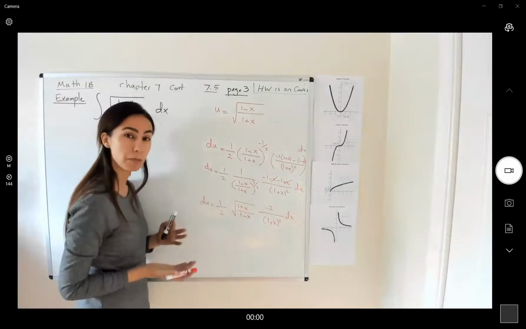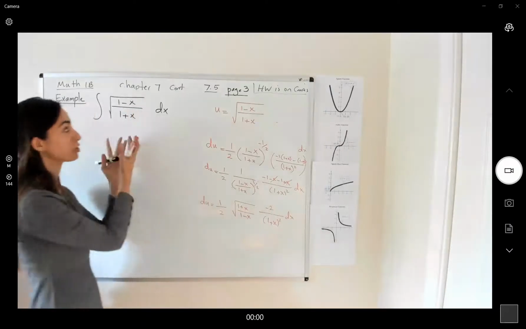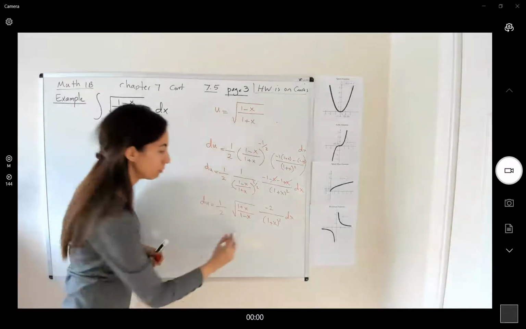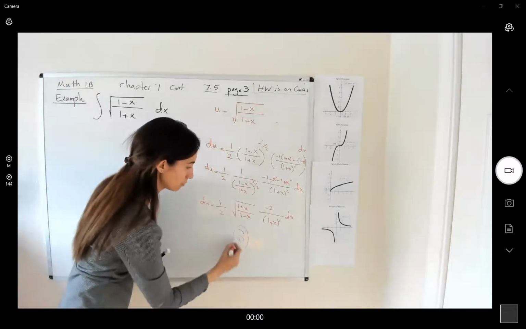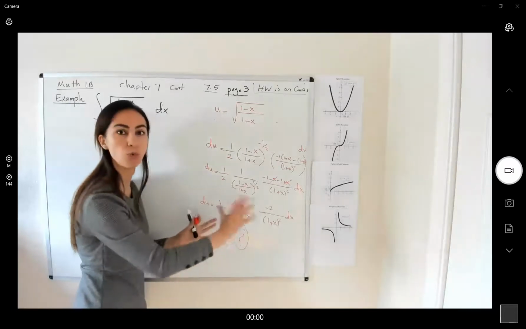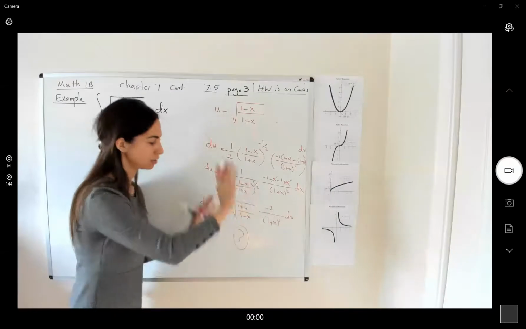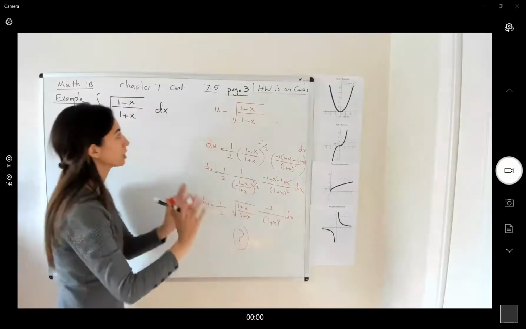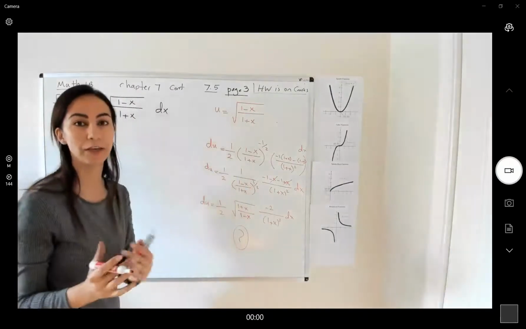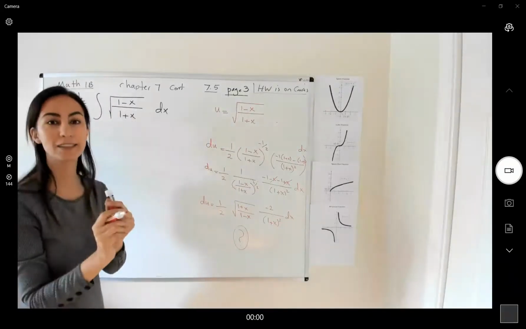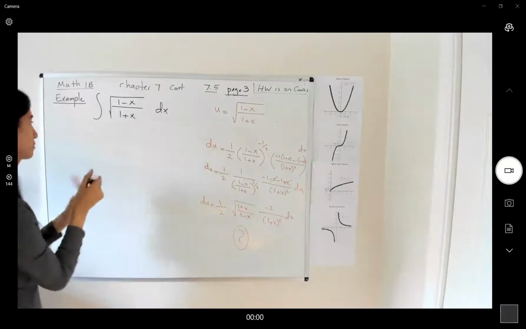Is there any other method? Can I change this function into another format before doing any u-substitution? So when you get to more complicated expressions, stop for a bit, get back to your integral and think. Here you have the square root of (1 minus x) divided by (1 plus x).